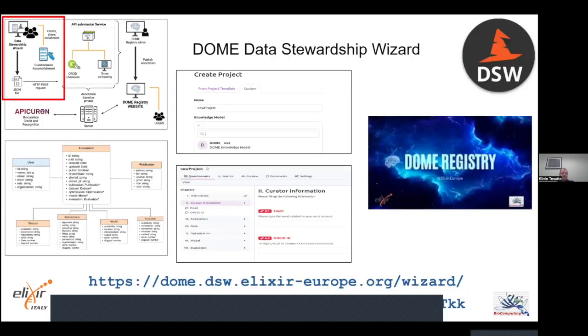Now, the first part, the input of the data, is handled via the data stewardship wizard, which is a rather flexible tool, which uses a knowledge model, which you see there shown on the left-hand side.